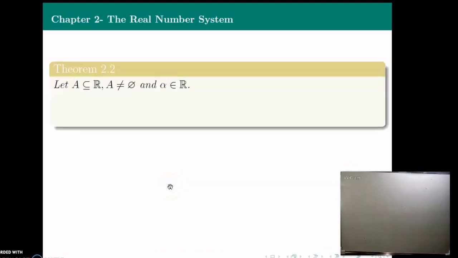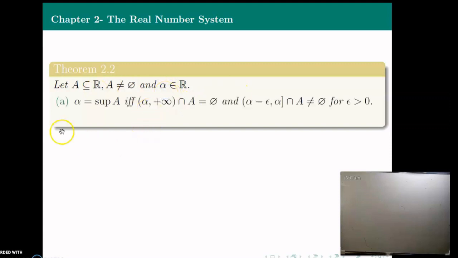Let's have Theorem 2.2. Let A be a non-empty subset of the set of real numbers and alpha a real number. First, alpha is the supremum of A if and only if the intersection of this interval and A is empty, and the intersection of this interval and A is not empty for any epsilon greater than 0.